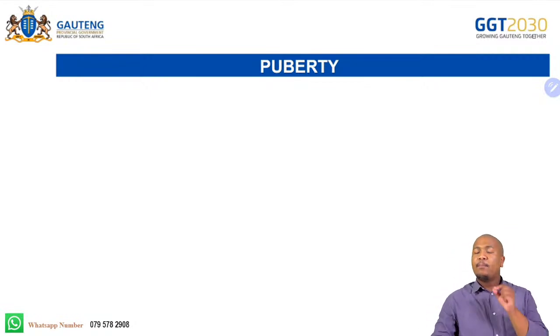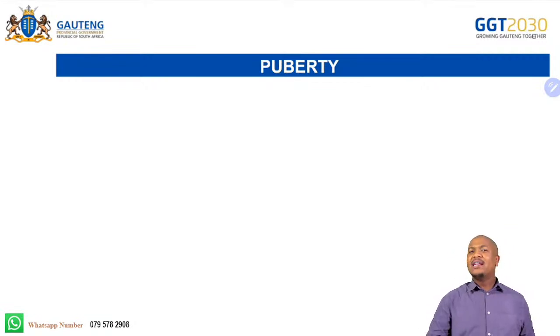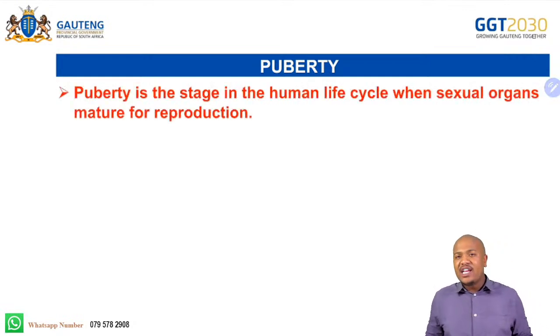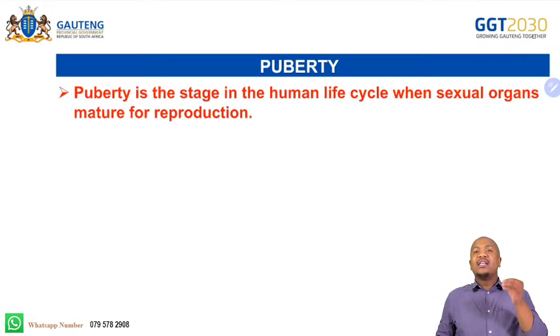Puberty, right? Why puberty? In order to be able to reproduce, a human being needs to undergo puberty. What is puberty now? Puberty is the stage in the human life cycle when the sexual organs mature for reproduction.